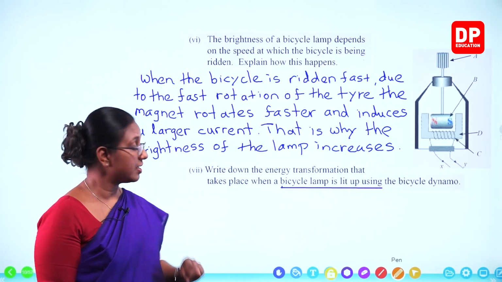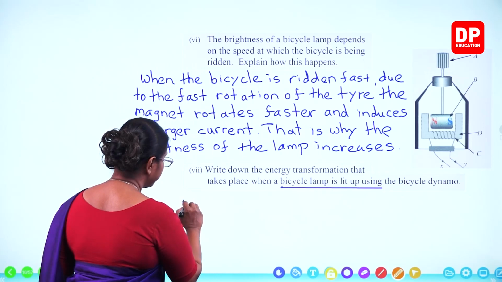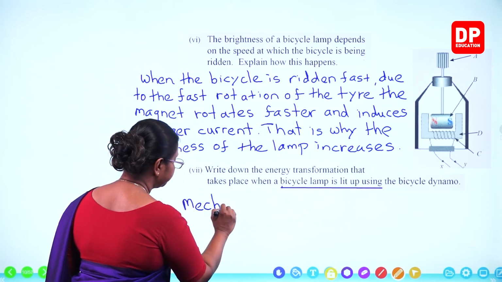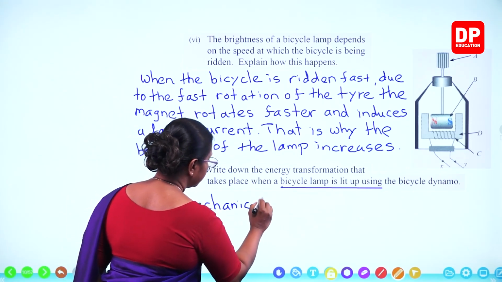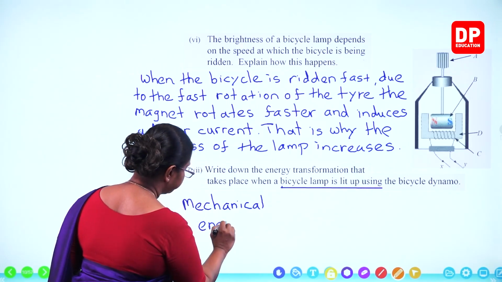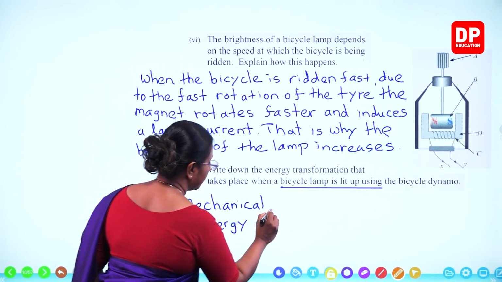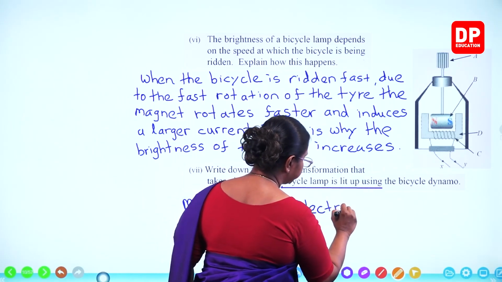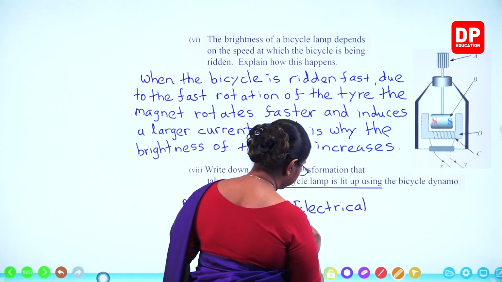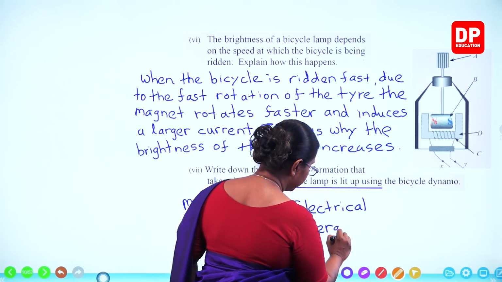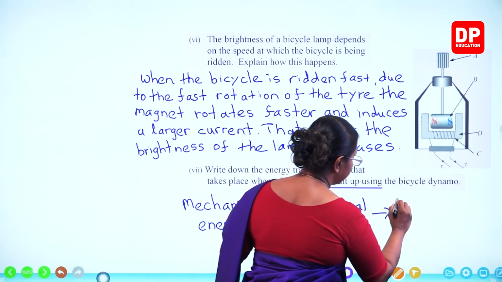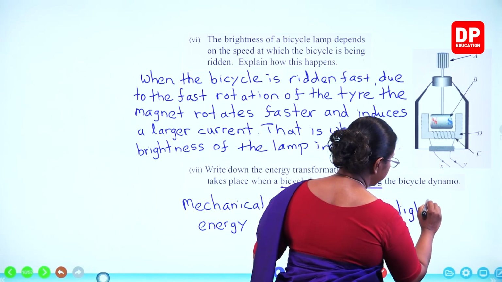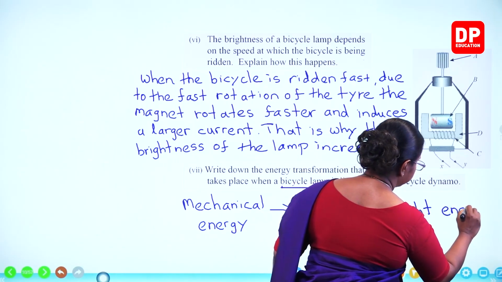So, two transformations. So, here we can say mechanical energy to electrical energy, and finally light energy.